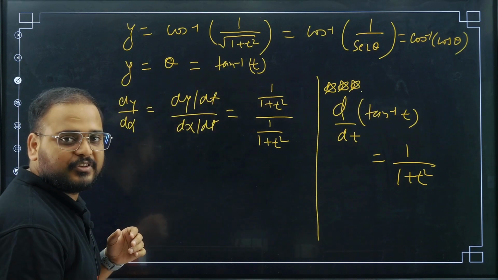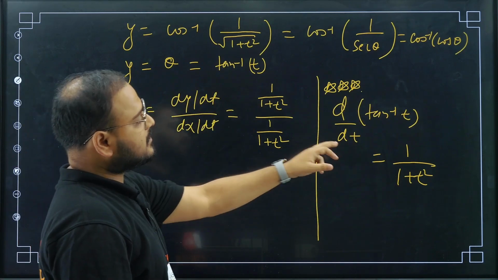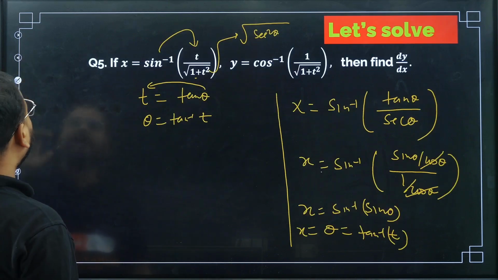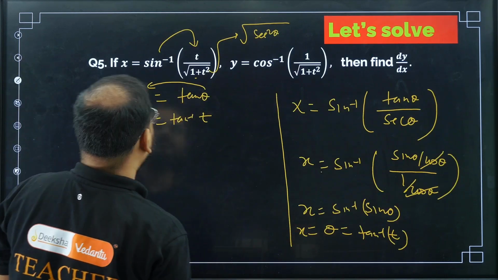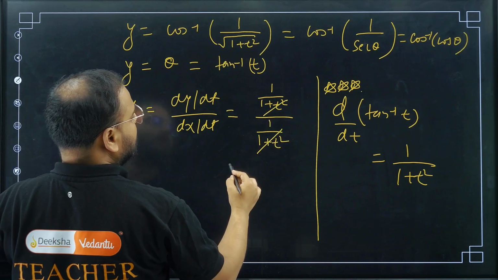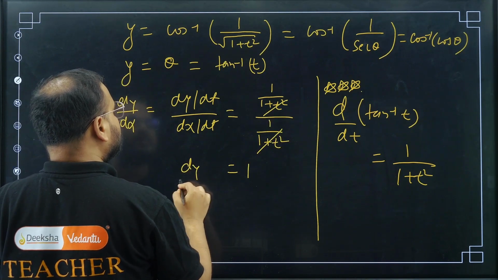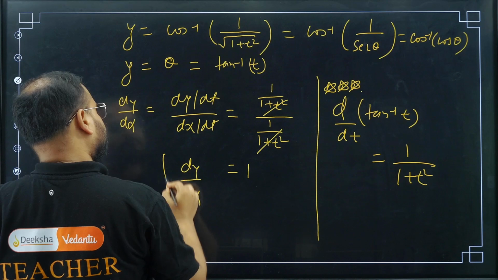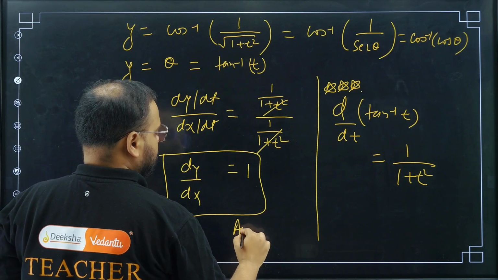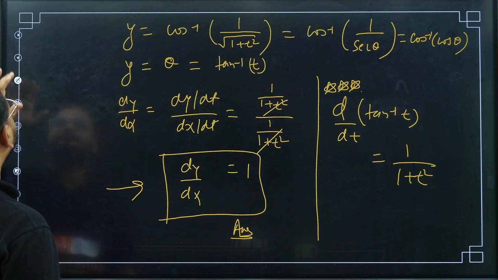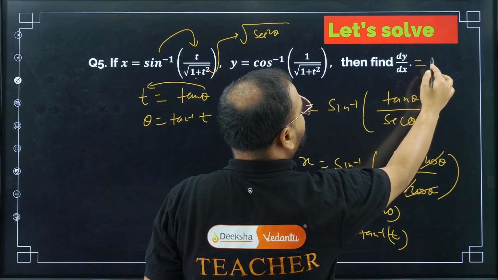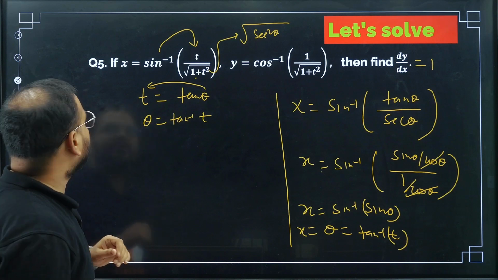So both are tan inverse t, and cancelling them, what is my answer? 1. So dy by dx is 1. This is my final answer. Very, very simple.